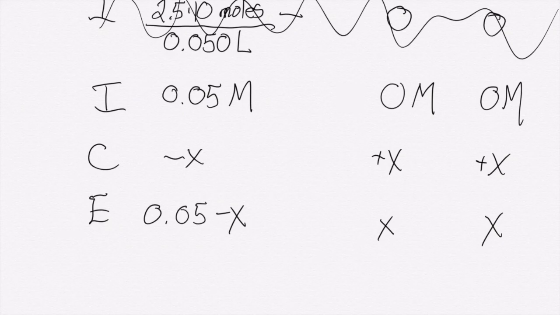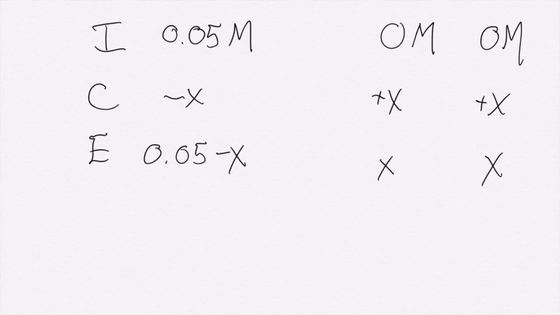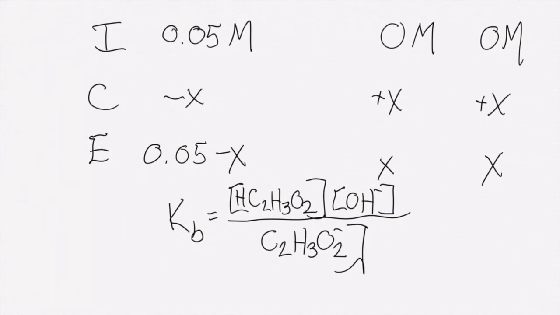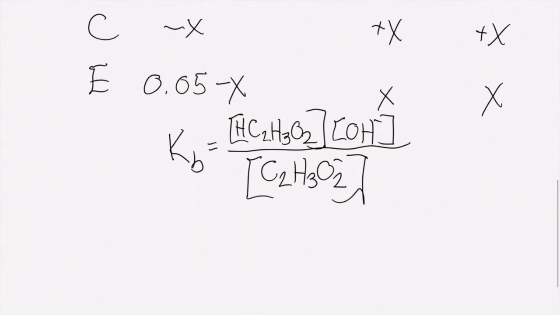We're ready for our equilibrium expression. So here we go. Kb equals our products, our acetic acid times our hydroxide at equilibrium, all over our acetate concentration. Kb we said was 5.6 times 10 to the minus 10th.